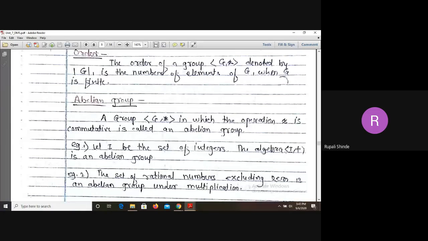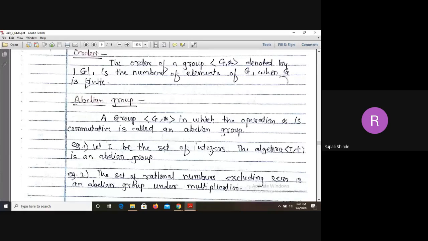So if you consider any two elements from this set of integers like 2 and 3, then 2 plus 3 equals 3 plus 2. So it satisfies a commutative property. That's why this group is an abelian group.